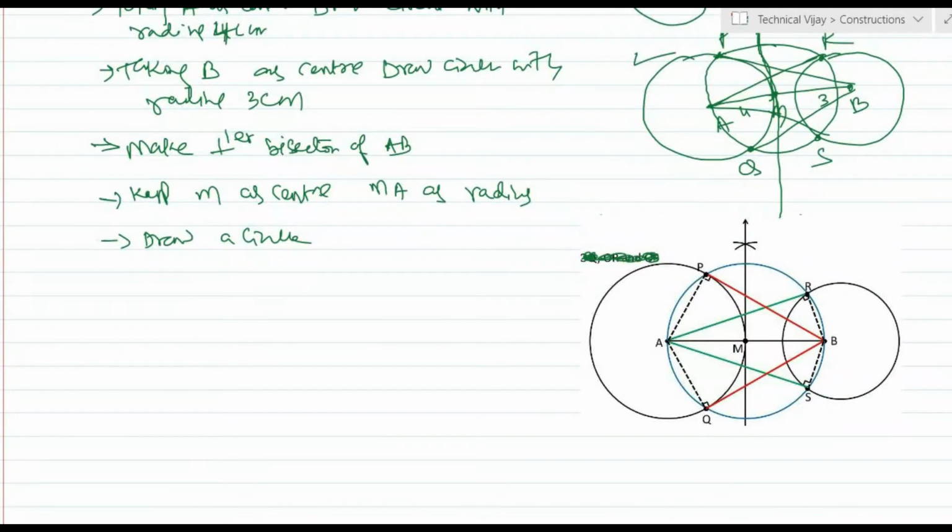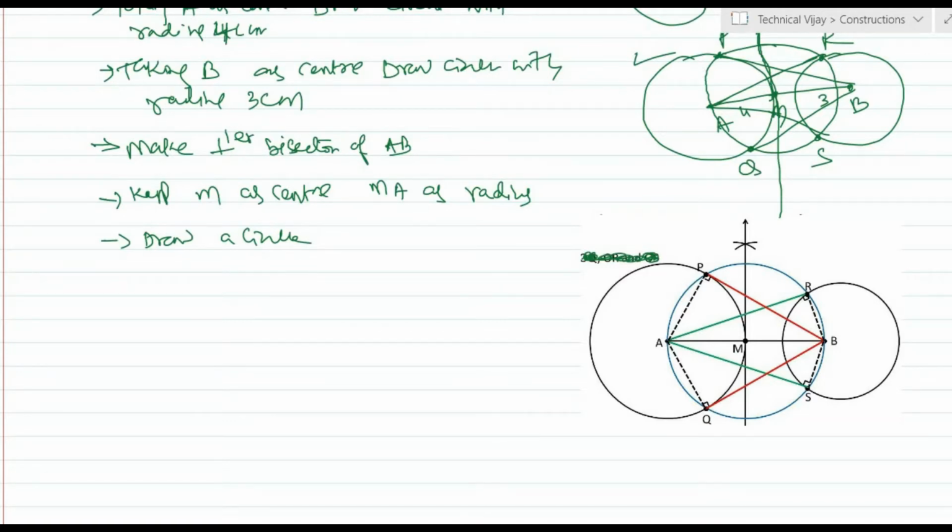So here is the diagram. A is a circle of radius 4 cm, B is a circle of radius 3 cm. We have joined AB, a line segment of 8 cm. The perpendicular bisector meets it at point M, and keeping M as center and MA as radius, we have drawn a circle.